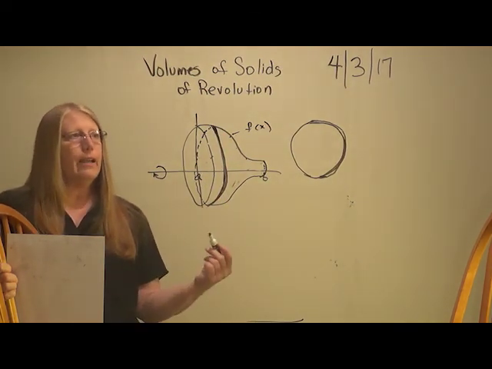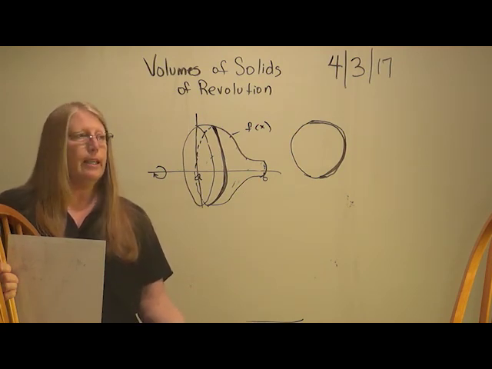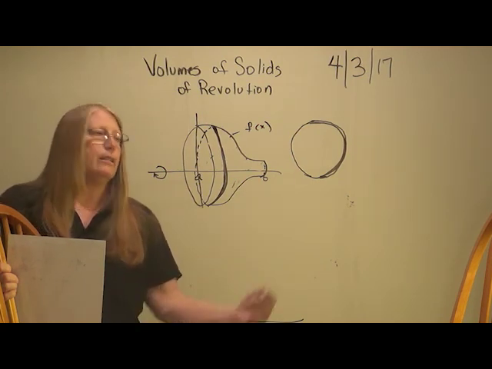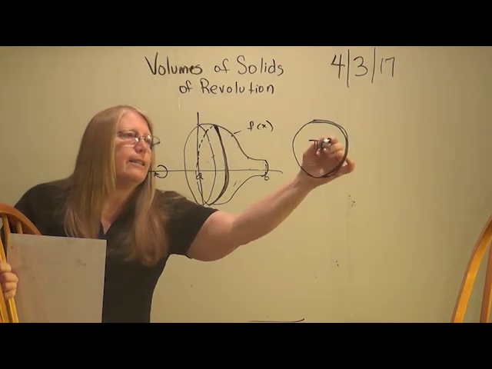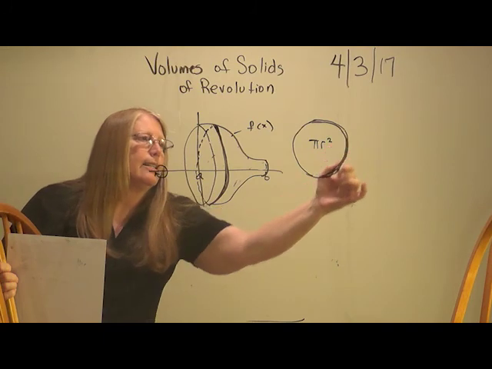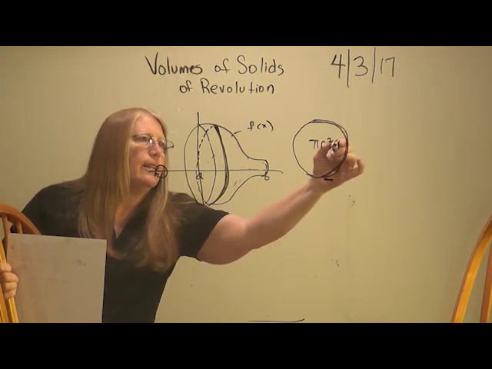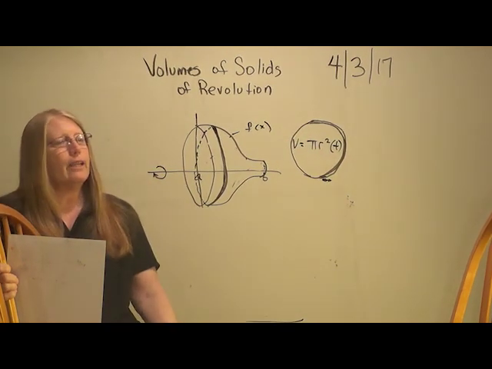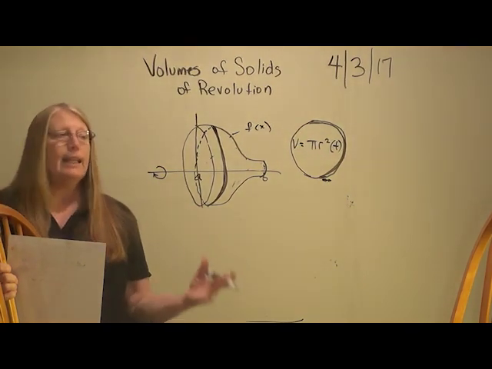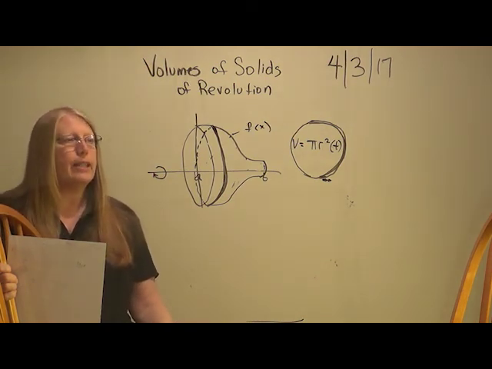So what's the volume? This slice is really a circular cylinder that is very thin. So the area is pi r squared of the base, and I'm going to add the thickness, which I call T. So the volume of just that is sort of like a penny, a large penny. So the volume is pi r squared times the thickness.